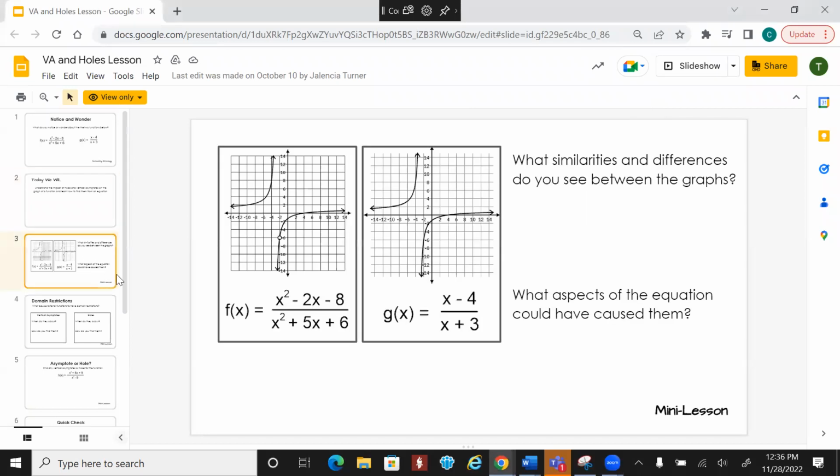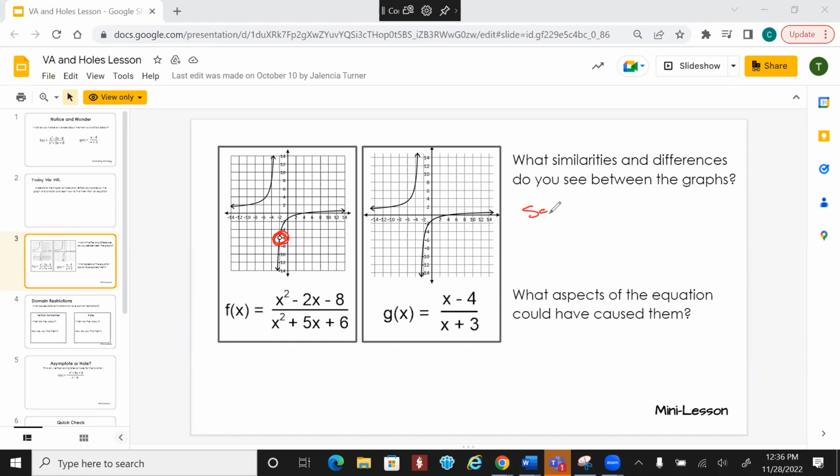So we just asked a good question of what is a hole. If you look at these two graphs, it's the same functions that we were just dealing with. There's only one difference, and that's right here. It's kind of hard to see, but it's this little hole at x equals -2.